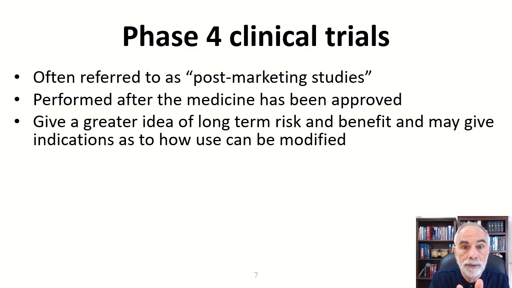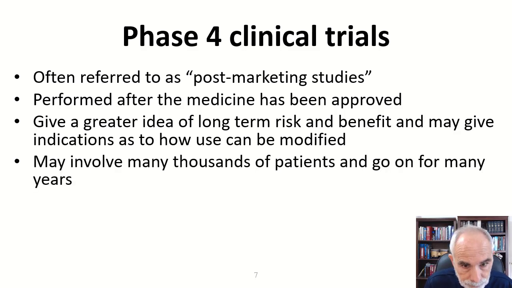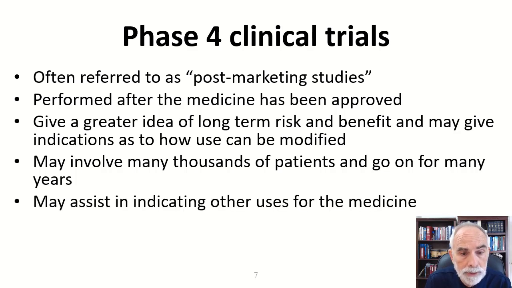And so now they'll ask for a study to be done in African Americans to look for peripheral neuropathy. Okay, and that can be done even though the drug is approved. This is a post-marketing phase 4 study. This may involve thousands of patients, may be done years after the filing.